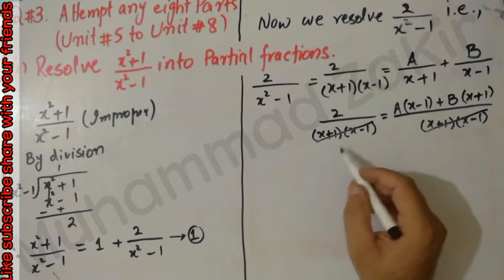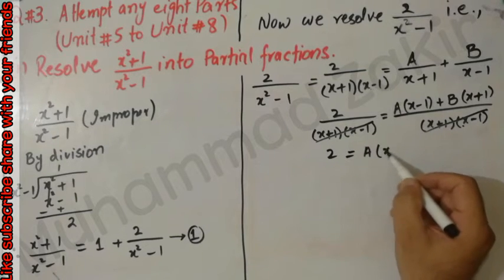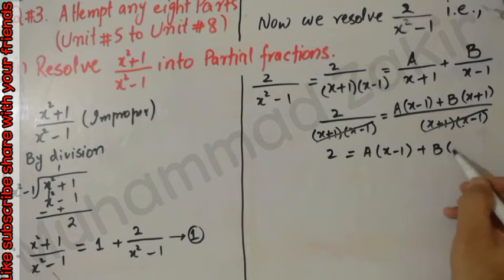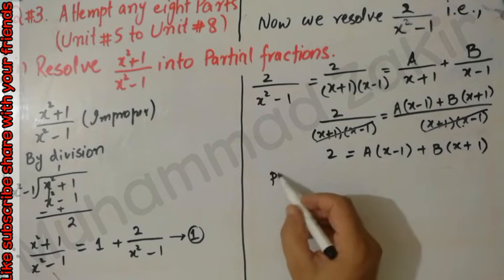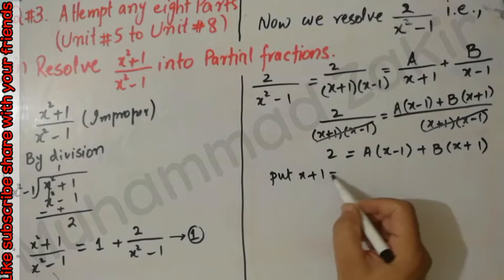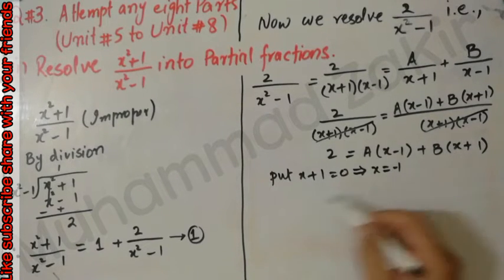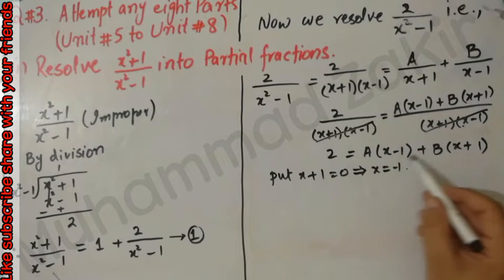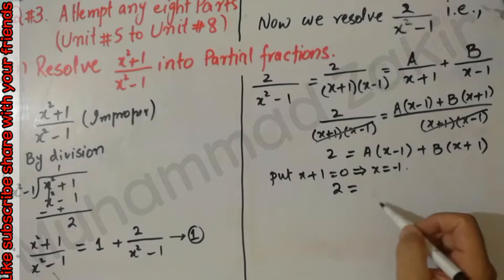And then we can see, students, 2 is equal to A into (x minus 1) plus B into (x plus 1). If we put x plus 1 equal to 0, it implies x is equal to minus 1. This we substitute in this equation. 2 on the left hand side remains 2.